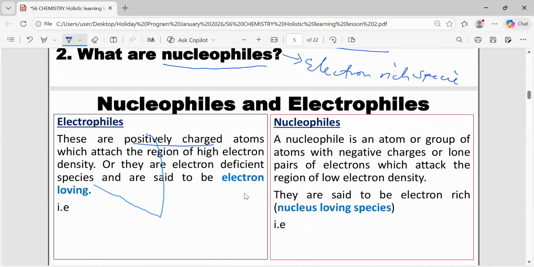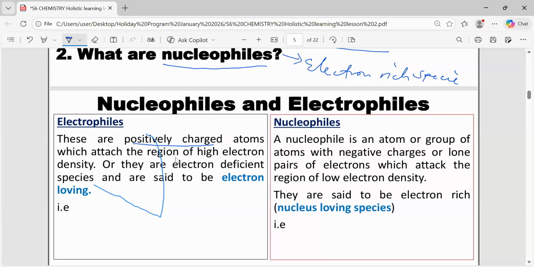Okay, so in this definition we have added a few key ones. Number one, electrophiles are positively charged atoms. They attack the region of high electron density, which means they are positively charged and they move towards where electrons are.